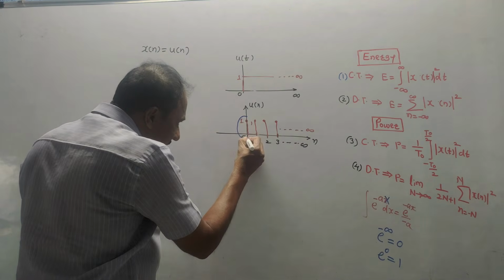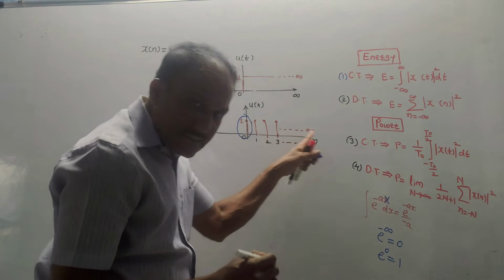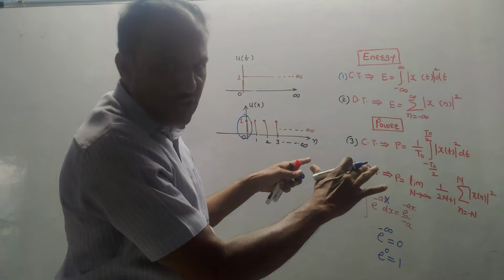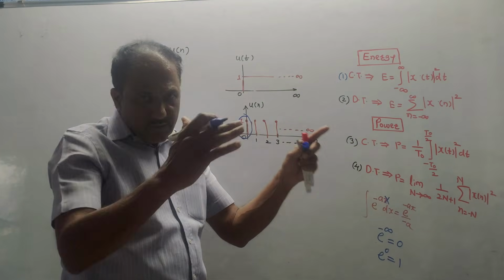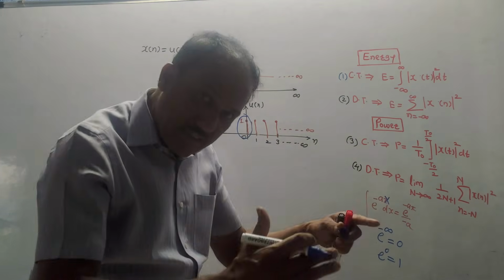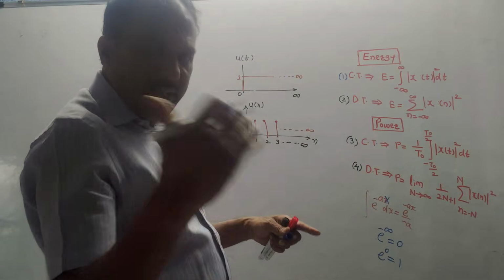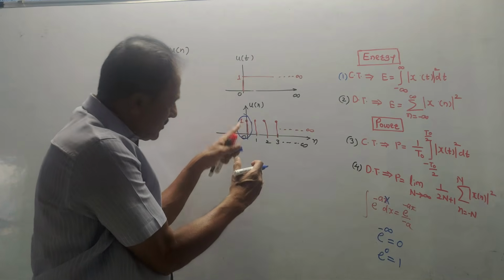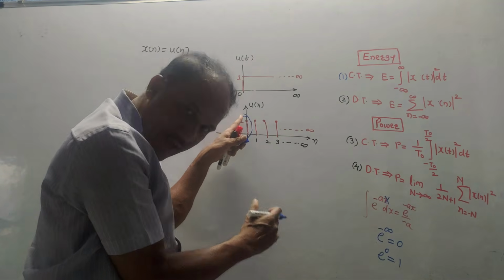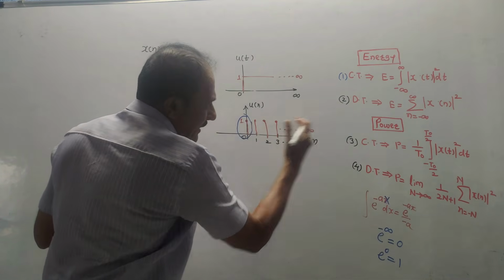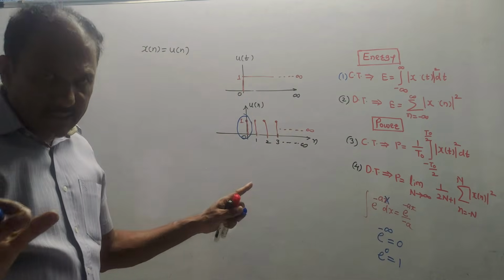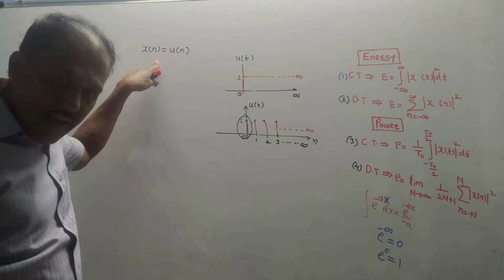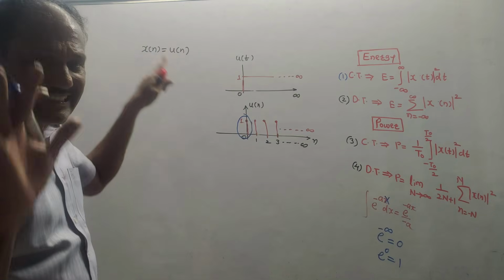The same pulse is repeating till infinity because it is a discrete signal, not a continuous signal. If a discrete signal is periodic, it means the pulses need to be repeating. So if I consider a pulse present at 0, whose amplitude is 1, the same pulse is repeating till infinity. So definitely it is a periodic signal, and given equation is x of n. N notation is there, so it is a DT signal.